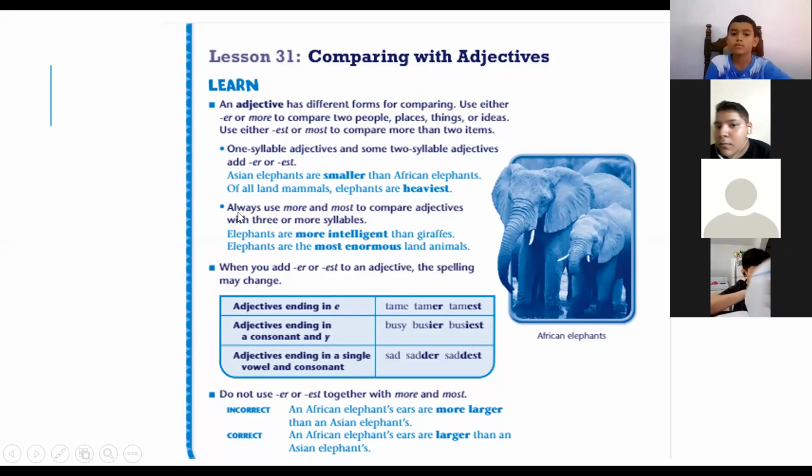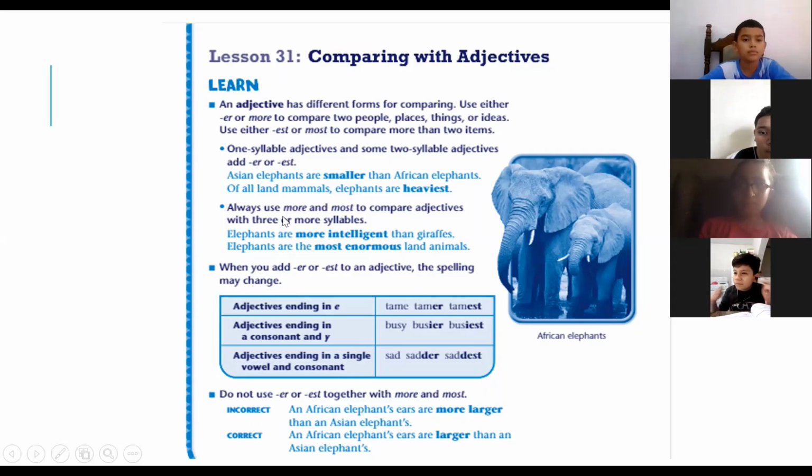But we have the other rule for more or most. Always use more and most to compare adjectives with three or more syllables. So for adjectives that have three or more syllables, you are always going to use more or most.